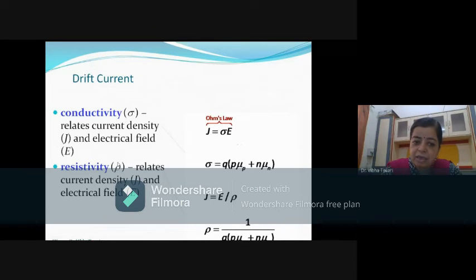So if we have to find it in terms of current density and applied electric field, since conductivity is 1 upon rho, substituting in this relationship, we will get current density is equal to applied electric field divided by the resistivity, right? And the resistivity will be 1 upon Q times P mu P plus N mu N, as it is given over here.